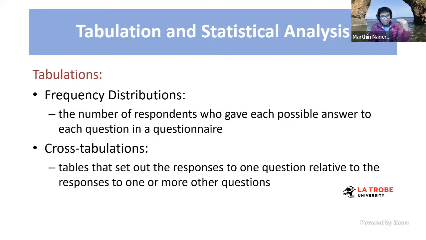I would do a frequency distribution, so you can get your first feel about the data, which will communicate the number of respondents who gave each possible answer to each question. So you can find out how many male, how many female, all the basic statistics that you can get out of this frequency distribution.